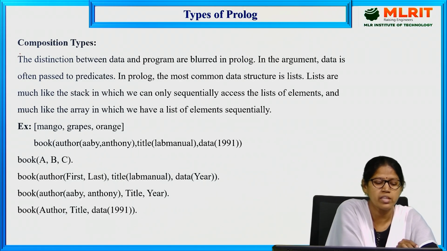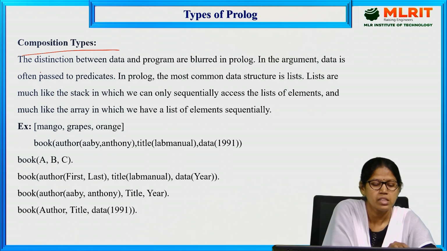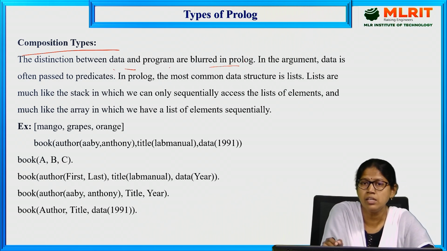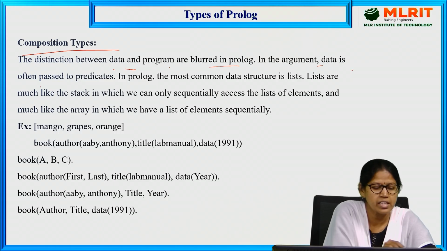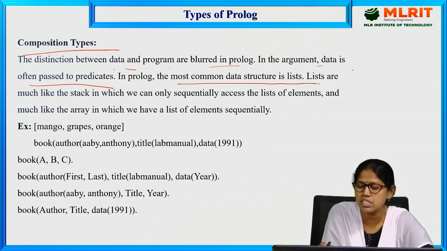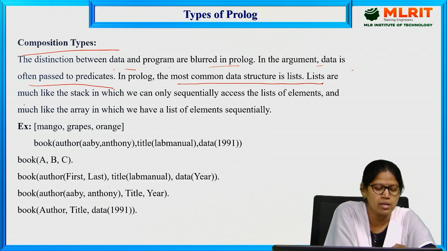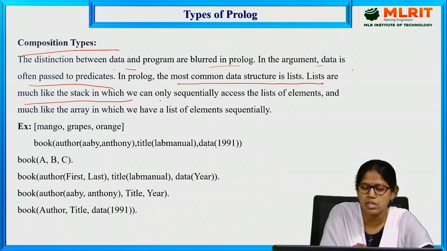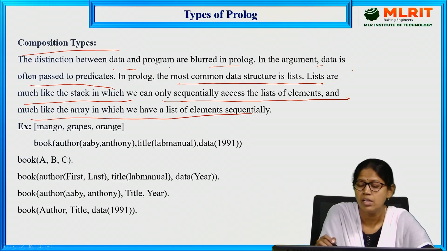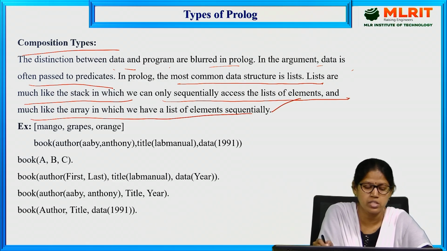So next one is composition types. The distinction between data and program is blurred in Prolog. In the argument, data is often passed to predicates. In Prolog, the most common data structure is the list. Lists are much like a stack in which we can only sequentially access the list of elements, and much like an array in which we have a list of elements sequentially.